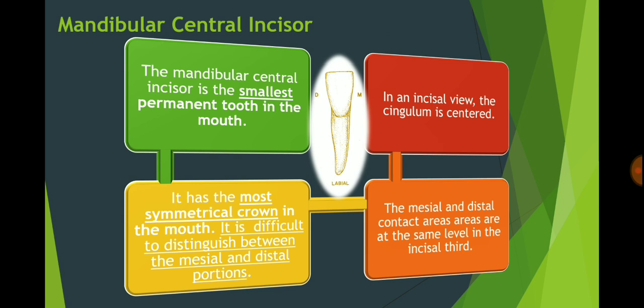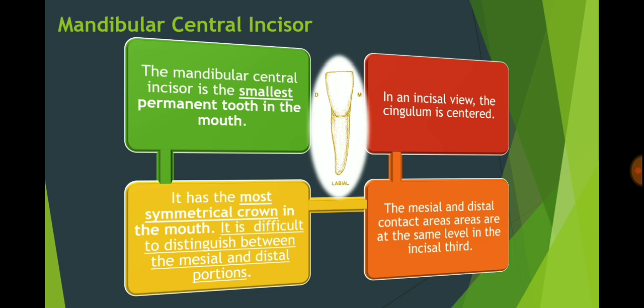So, coming to the mandibular teeth, the mandibular central incisor is the smallest permanent tooth in the mouth. Try to do endo on this tooth.